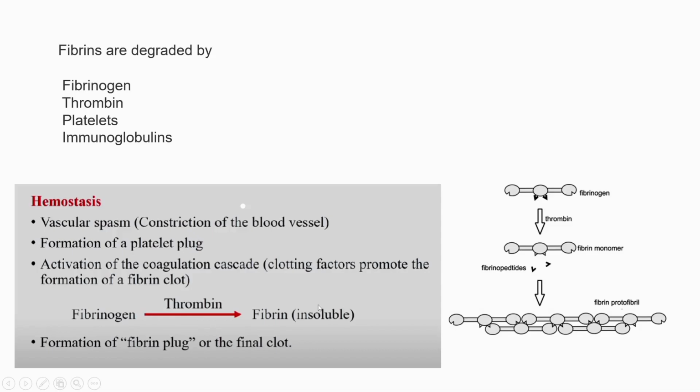If you see the actual mechanism, the thrombin removes this mask over the fibrinogen, and when they are removed, these fibrin monomers then interact with each other to form fibrin protofibril, and then they become long insoluble chains and form the fibrin block. So the answer would be thrombin.